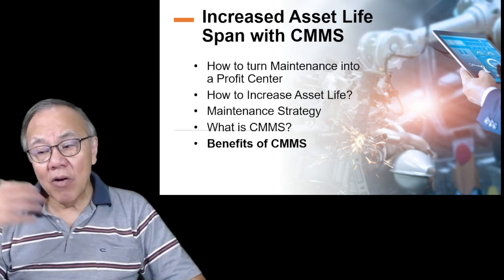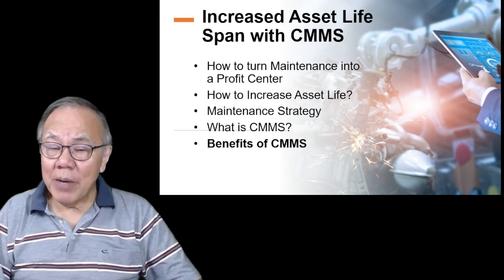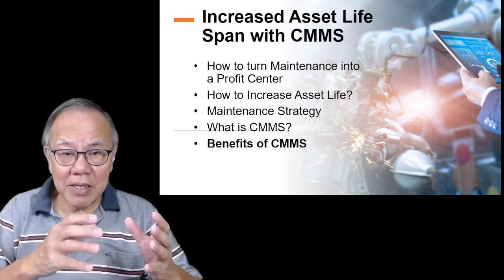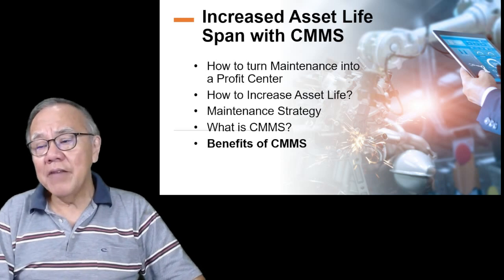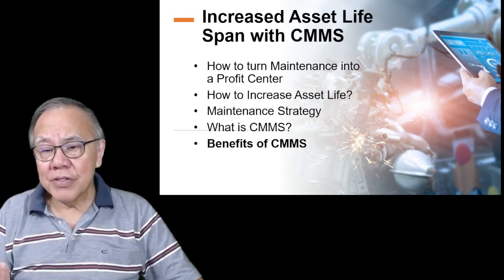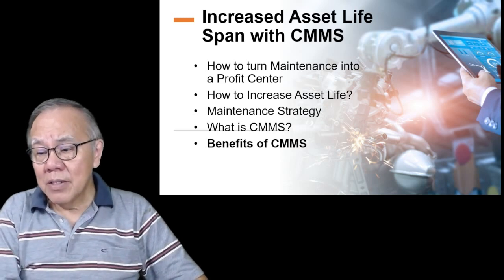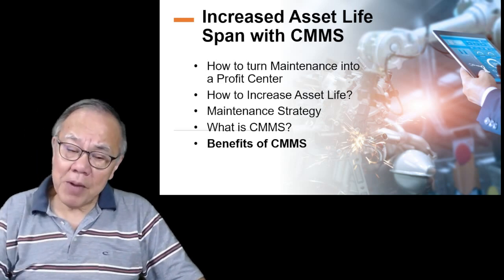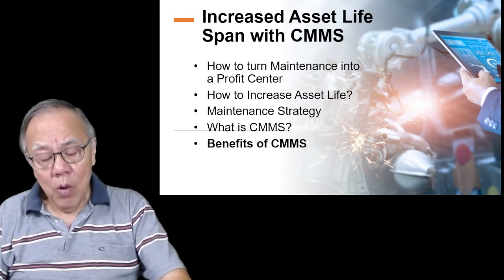And out of that you get all the benefits of a maintenance system, whereby, as I told you, you can expect to improve or increase asset life. You have good centralized maintenance. You can use it for safety. Some of the safety things are that you have your spare parts, your work orders, and then the scheduling. So all of these are part and parcel of how you can make improvements.